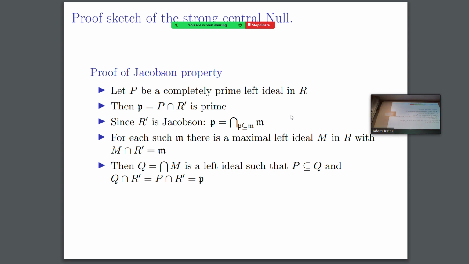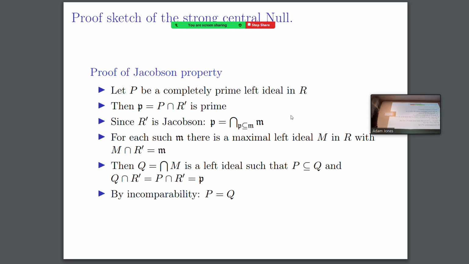If you look at the intersection of all of these maximal left ideals lying over the smaller ones, you get a left ideal Q containing P, and it agrees with P on the center, just an exercise in set theory.